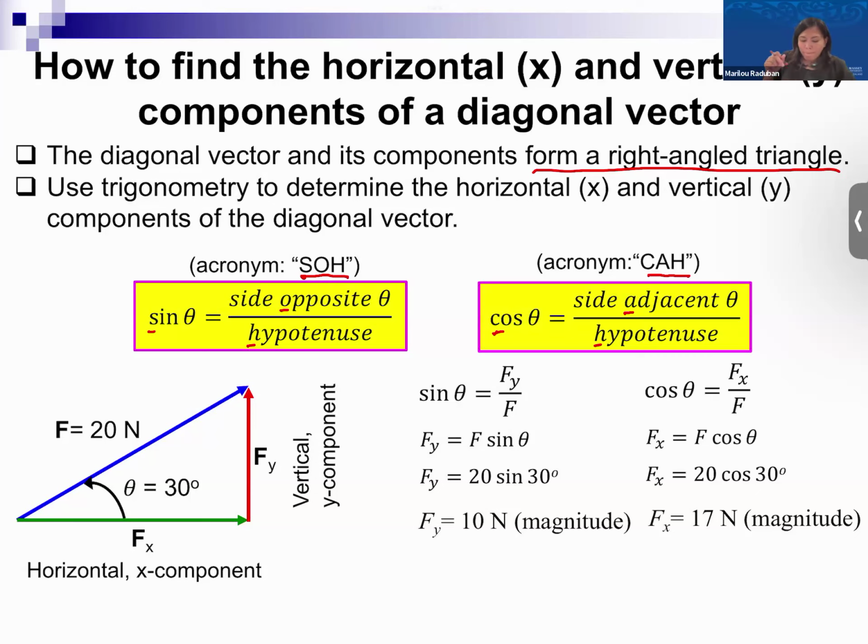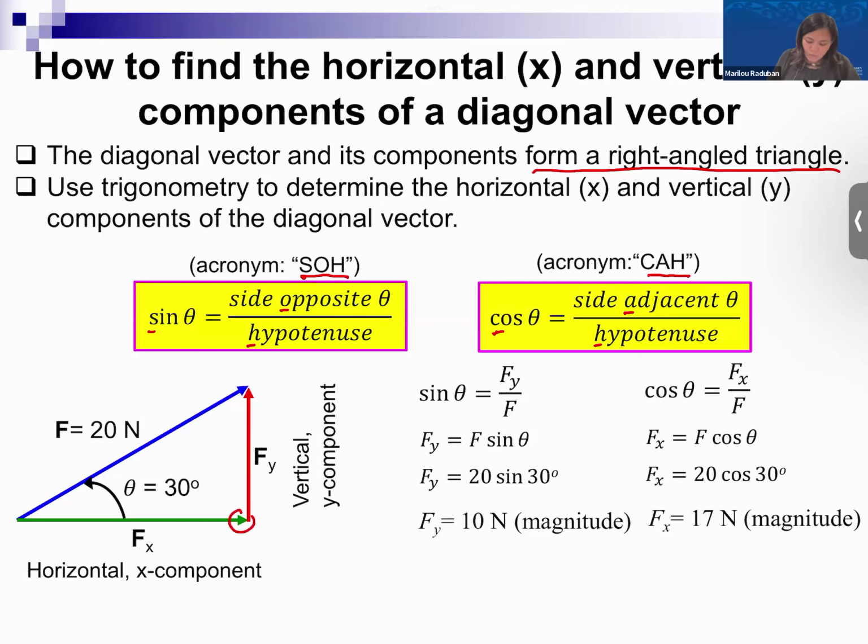Okay, so to have the correct directions for your x and y components, you start with the diagonal vector that's given. Project the head of the arrow representing the diagonal vector to the x-axis. Draw your x component from the tail of the diagonal vector to the projected point.